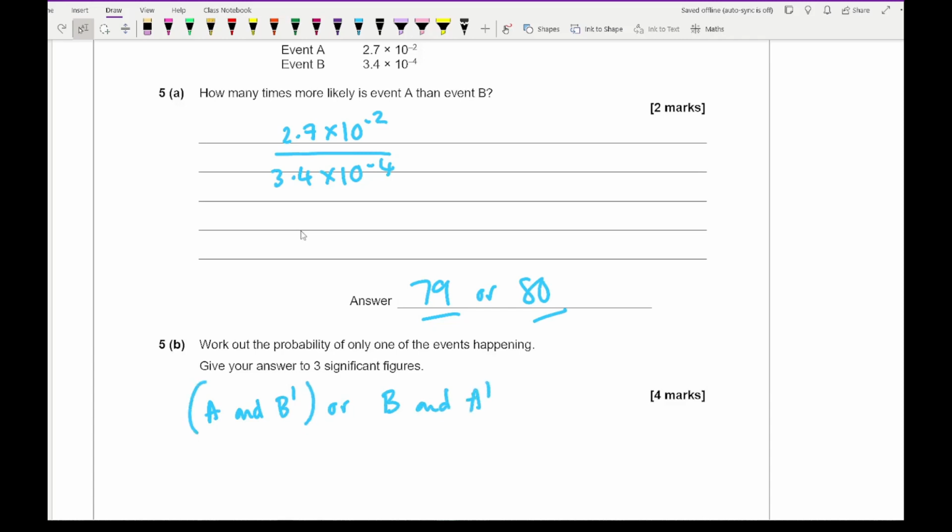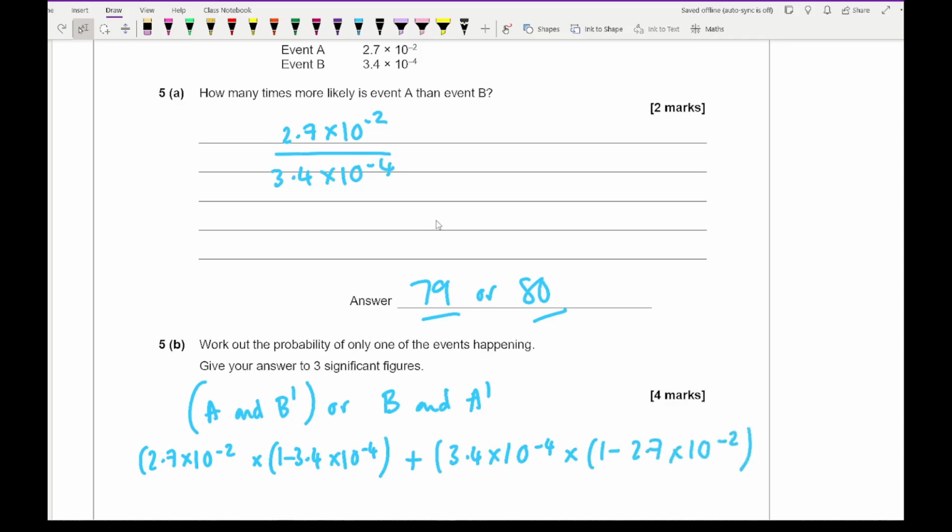So what we've got to do then is work this out. Let me just have them both on screen. For this one, we've got 2.7 times 10 to the power of minus 2 multiplied by 1 minus 3.4 times 10 to the power of minus 4, plus B happening, which is 3.4 times 10 to the power of minus 4 multiplied by 1 minus 2.7 times 10 to the power of minus 2.